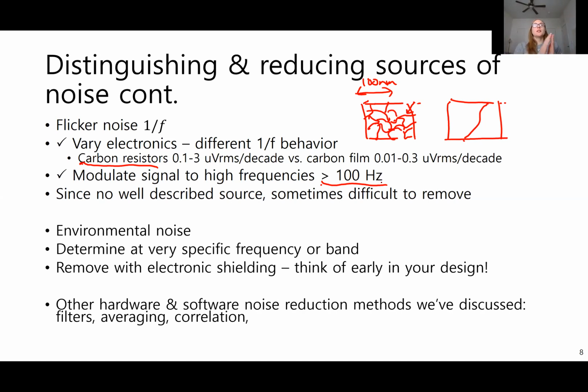Shot noise, if you're collecting data over time, the statistical variation is taking place over time. You either detect an electron at this point or you don't, versus time. So that Poisson process will be averaged out since it's over time. With thermal noise, what's happening is you have a buildup of electrons.